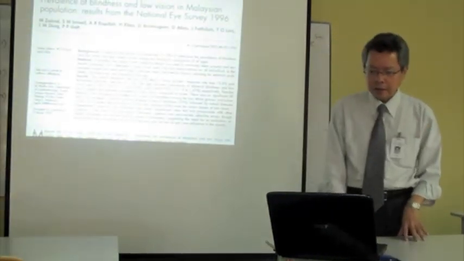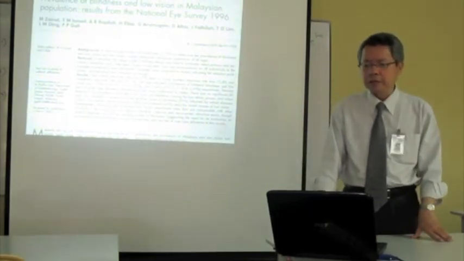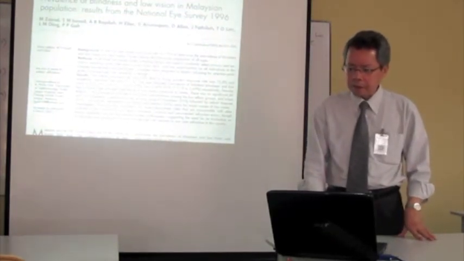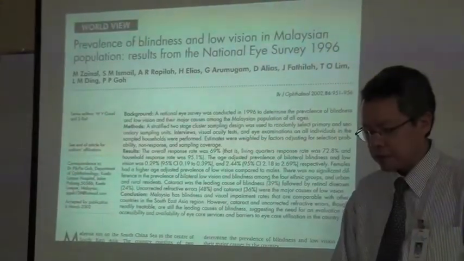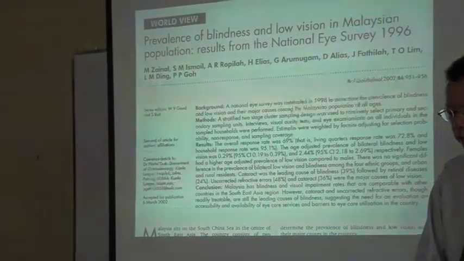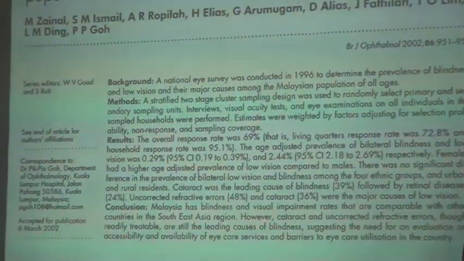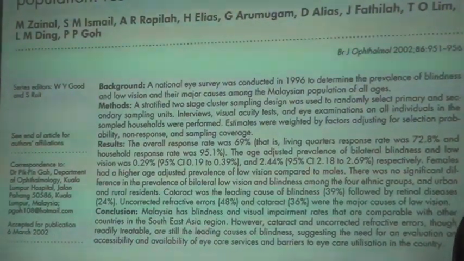We find that a landmark study carried out in 1996 by a group of ophthalmologists found that cataract as the leading cause of blindness, followed by conditions of the retina. Cataract is a condition of disease of the lens, and we saw that in the anatomy tiger just now.